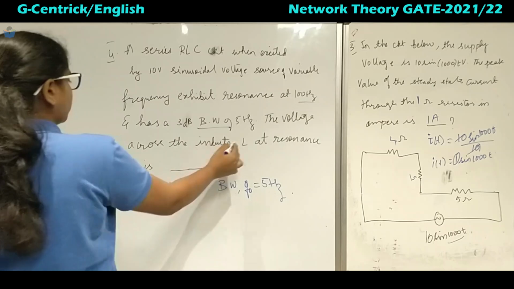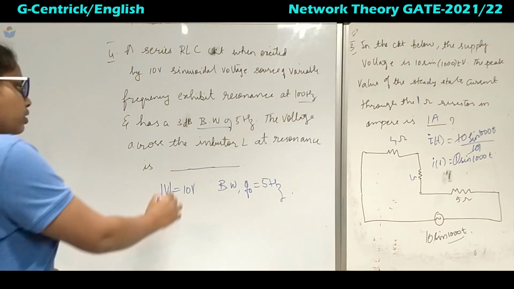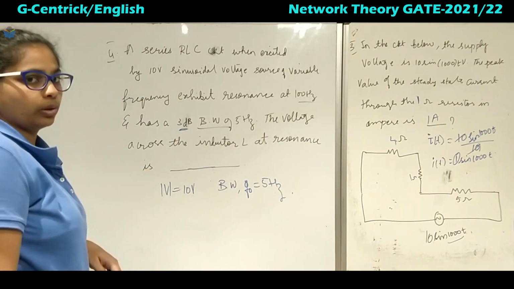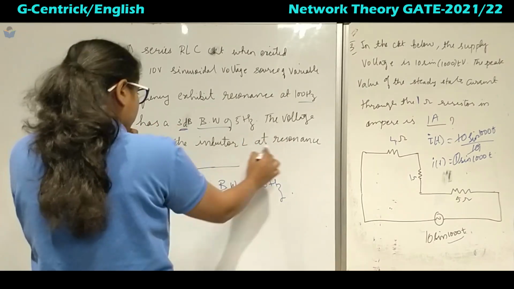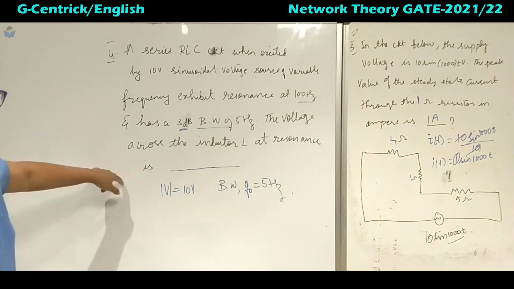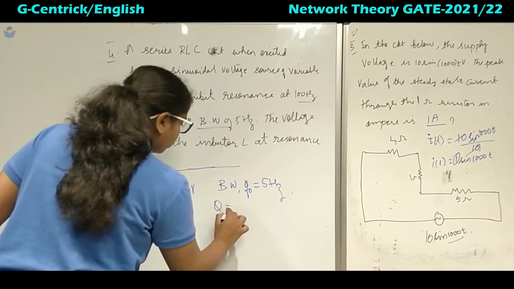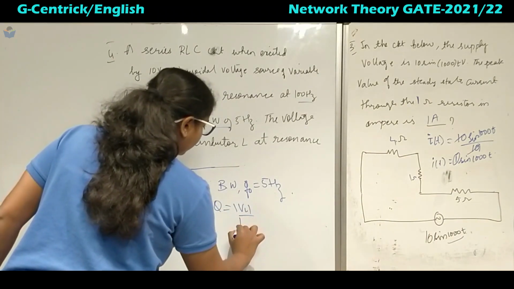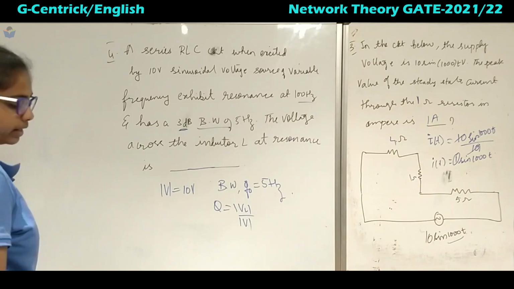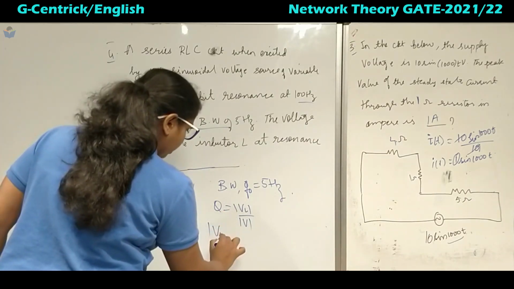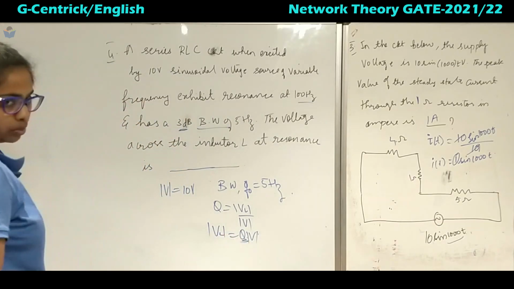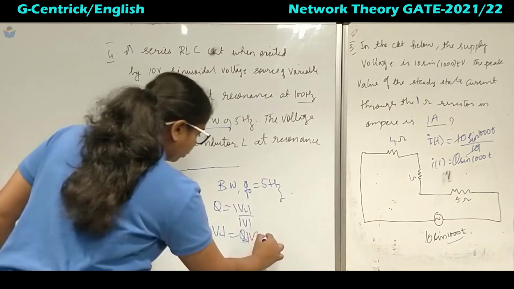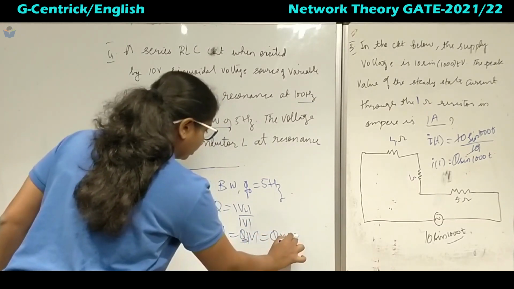The question asks for the voltage across the inductor at resonance. We know that Q is VL by the magnitude of V at resonance, so we have to find VL. But we do not know the quality factor; we know the source voltage is 10.